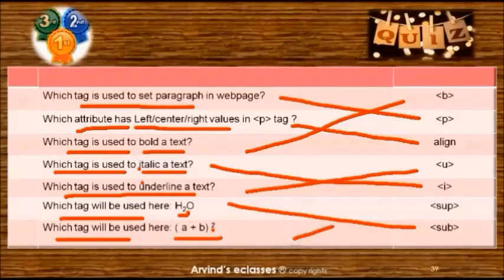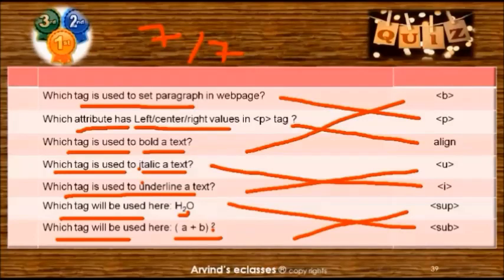We will use superscript. So your quiz is finished. So you have got 1, 2, 3, 4, 5, 6, 7. Oh my god, you have got 7 marks out of 7. Very good. That's like a good player.